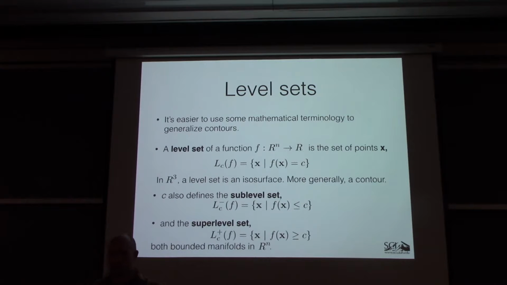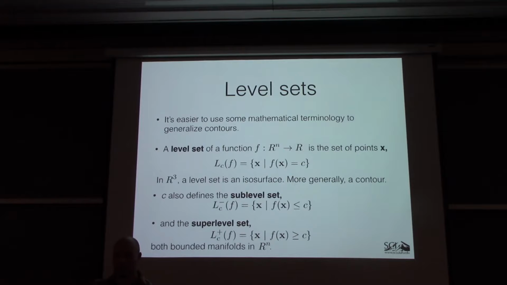So you can think of c as being the iso value. So in R3, the level set is an isosurface, and more generally we call that a contour. And what's interesting about this value c is that it defines not just the surface itself, this discrete surface, but two other manifolds that we call the superlevel set and the sublevel set.